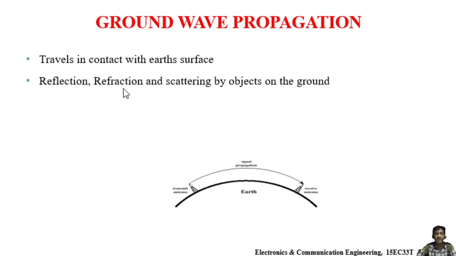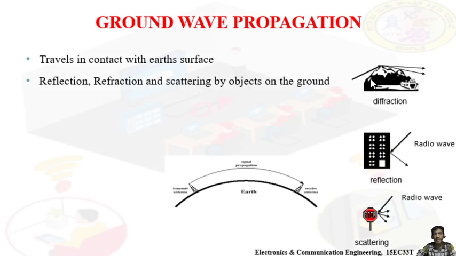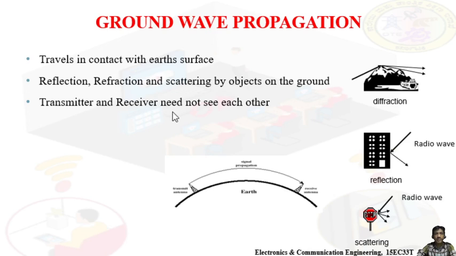Reflection, refraction, and scattering are caused by objects. The object may be hills, buildings, or any other object. When the wave propagates toward any object, diffraction, reflection, and scattering start. The next point is that the transmitter and the receiver need not see each other.